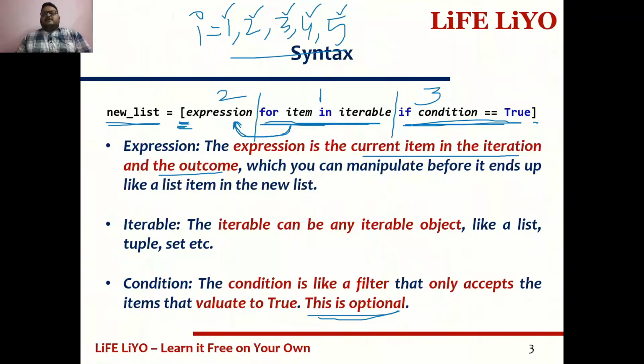But if you use this condition to select only odd numbers, then we can get 1, 3, 5. For the filtration of this iterable, we can use this condition. Is this condition compulsory? No, it is an optional one.